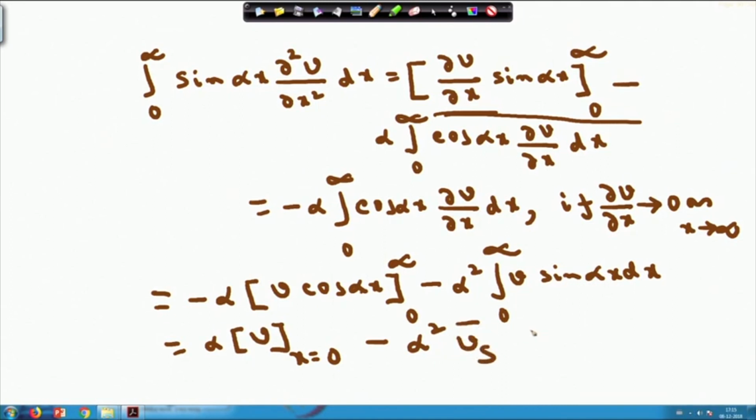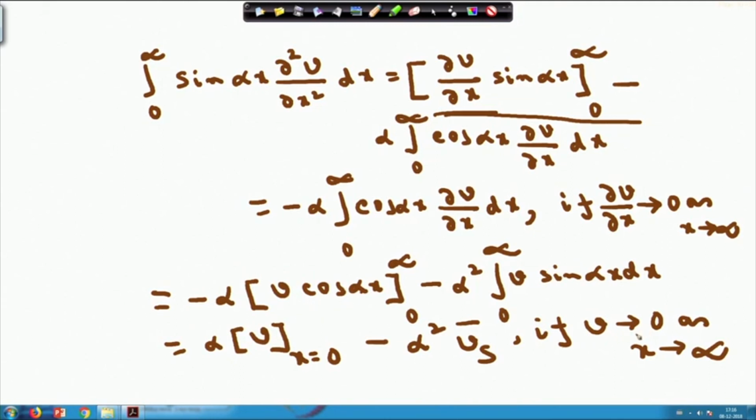Here again I made one assumption. The assumption is that v approaches 0 as x approaches infinity, because for x equals 0 I am telling you the value of v is needed at x equals 0, but at x equals infinity I cannot tell what this is. Therefore, the value should be equal to 0. If it vanishes, then I have to assume this.